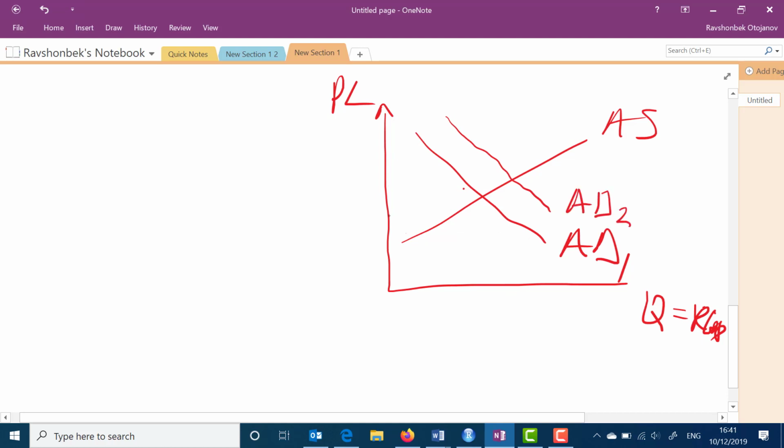That increases the price level from P1 to P2. But this injection creates more consumption in the economy, right? It's an income of someone else, which then will be spent elsewhere. So that shifts the aggregate demand further, towards the right, until the effects wear out.